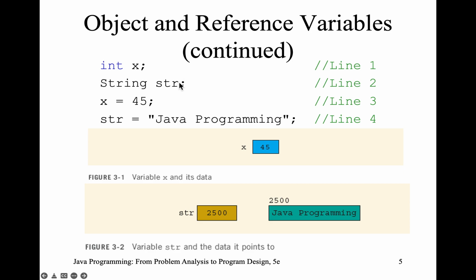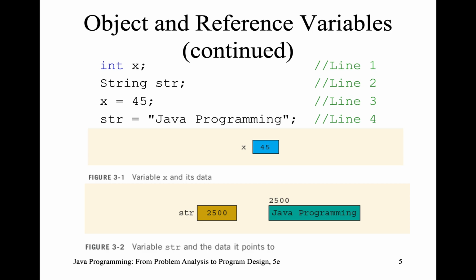And when we create an object of the class String, what we're actually doing is creating a reference variable. So str contains an address to where this string is saved in memory. The string doesn't get saved in the actual variable like x. x contains the actual value.